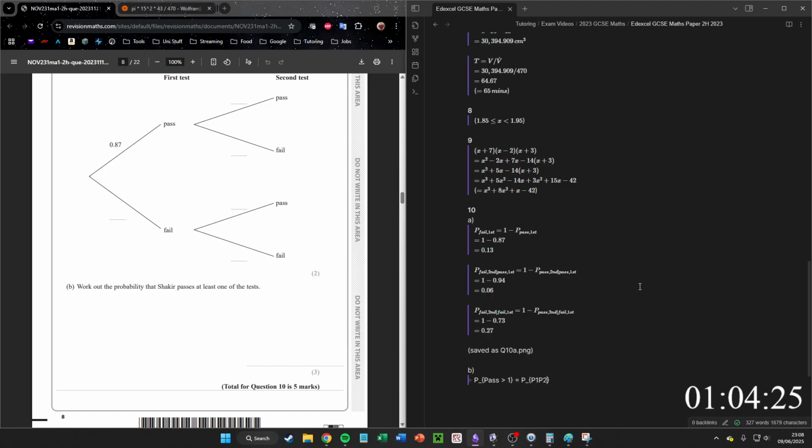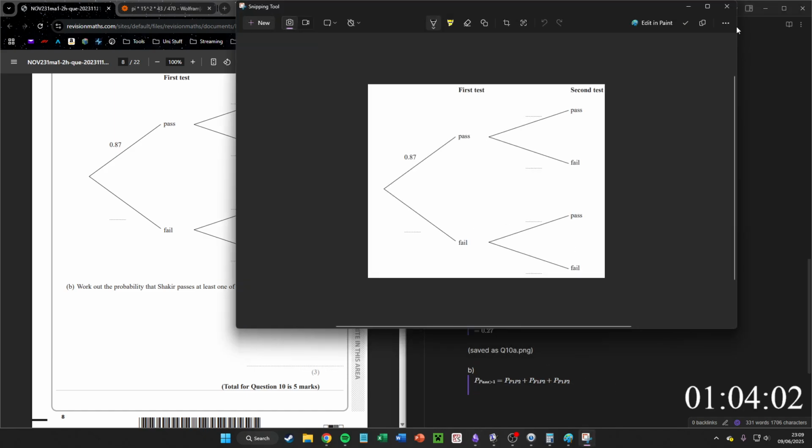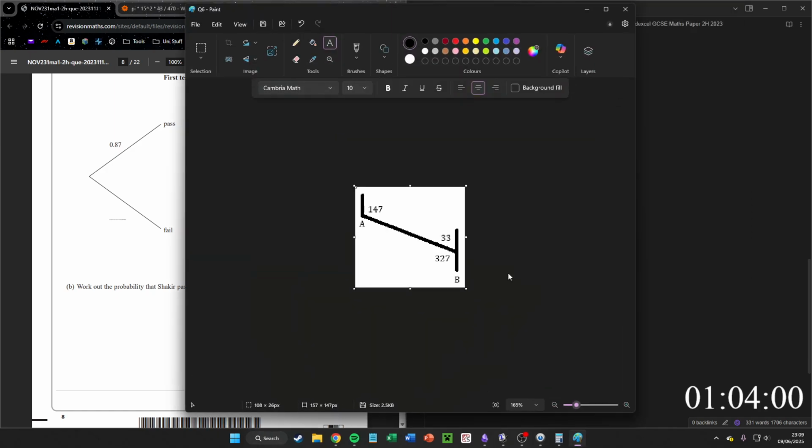So I'll say P1, P2. I'm using different notation and I don't care. Probability that he fails one, passes two. And the probability that he passes one and fails two. Did I not put a dollar sign at the start of that? Seems I didn't. Okay. And to find out these probabilities, I'll look at the diagram I just drew.